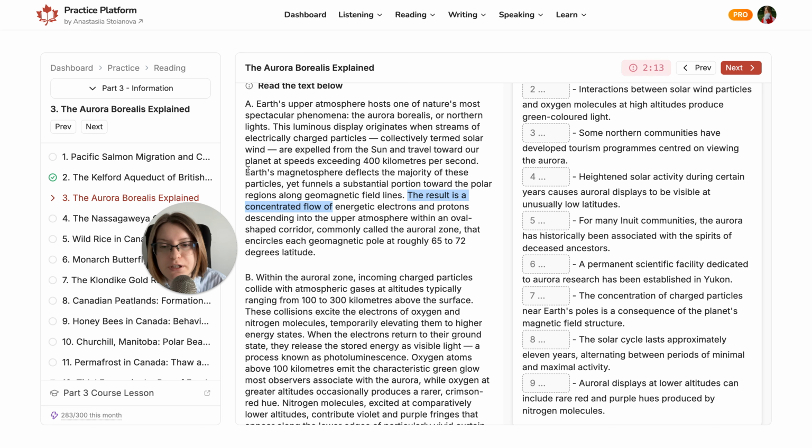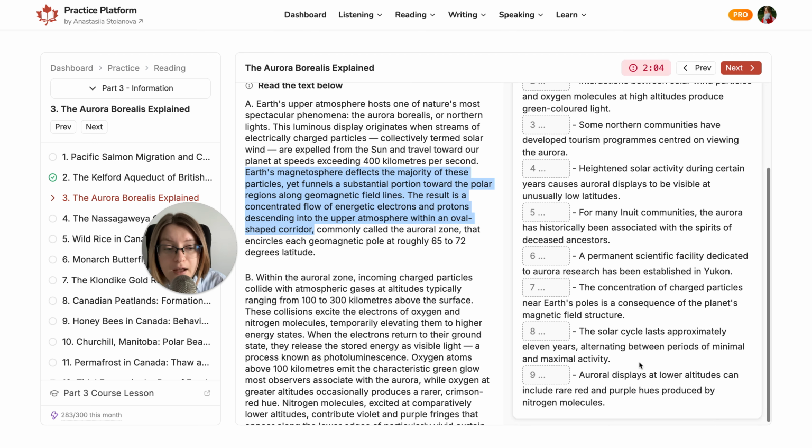So if you reread these sentences, you might understand that actually it's a clear paraphrase. Notice, the concentration of charged particles near Earth's poles is a consequence of the planet's magnetic field structure. This is exactly what we have in the text.